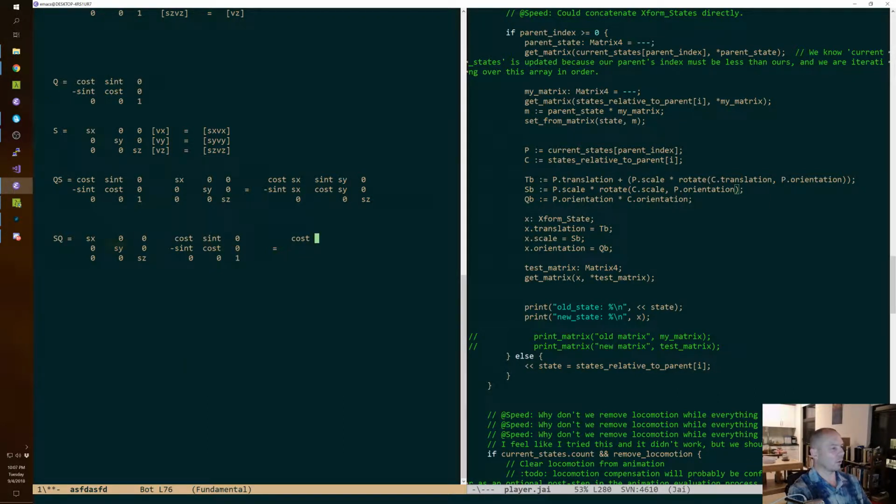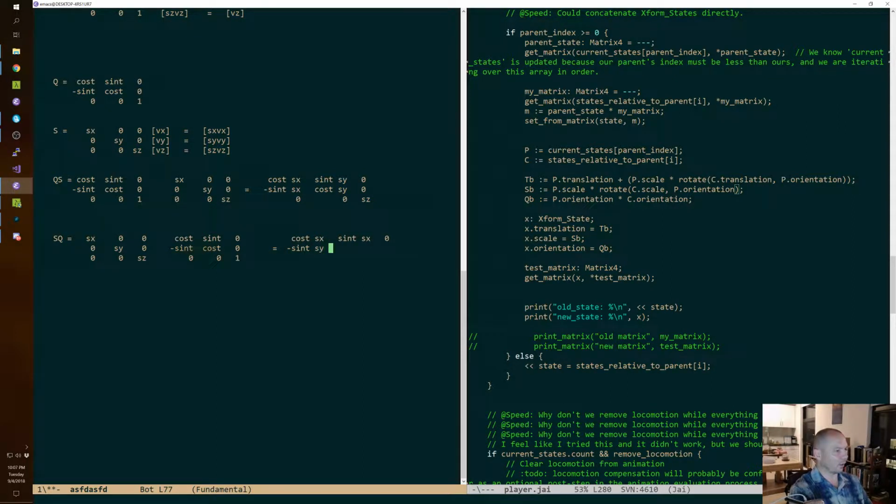But cosine theta Sx, sine theta Sx, 0, right? Minus sine. I keep doing the wrong order. Okay.